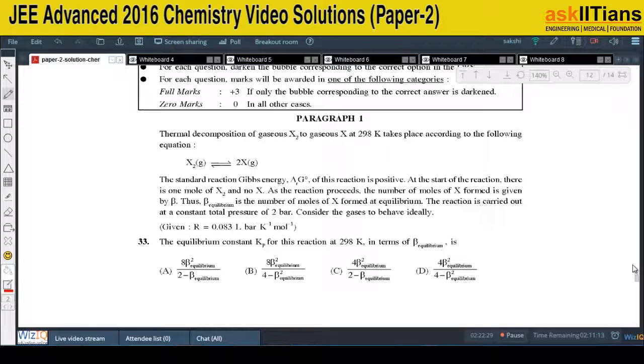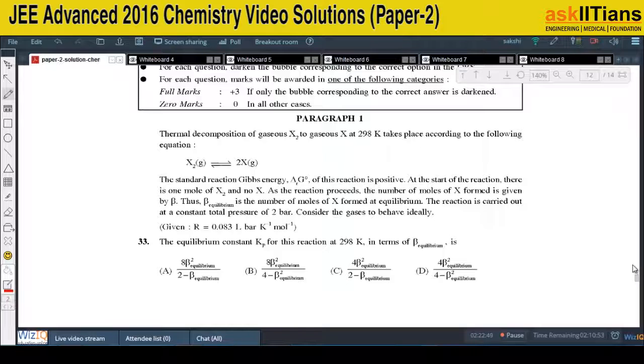At the start of the reaction, there is 1 mole of X2 and no X is there. Now he is saying that as the reaction proceeds, the number of moles of X that will be formed will be given by beta. Thus, the beta equilibrium is the number of moles of X formed at equilibrium.